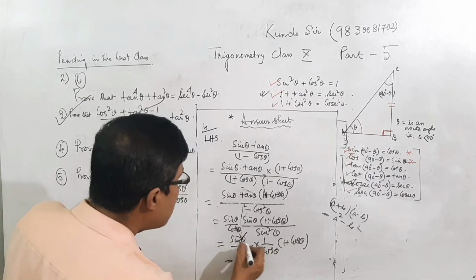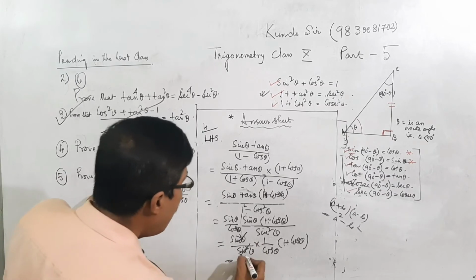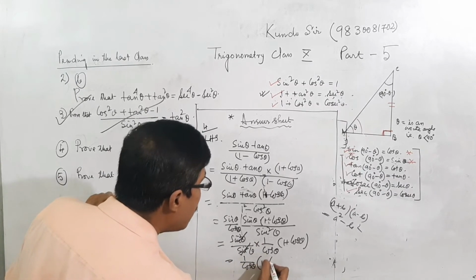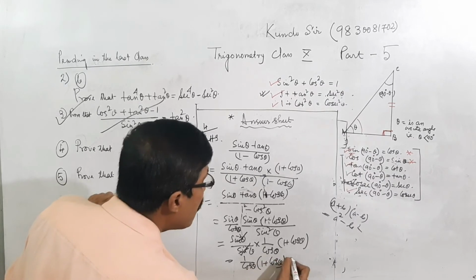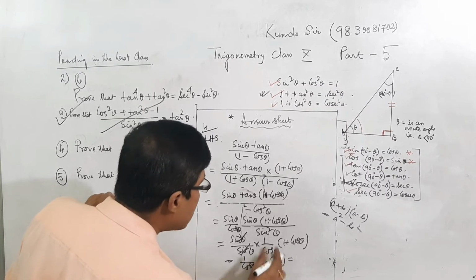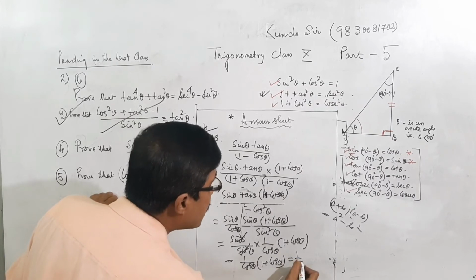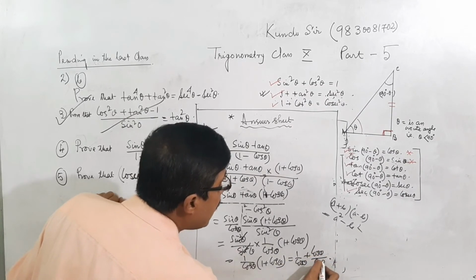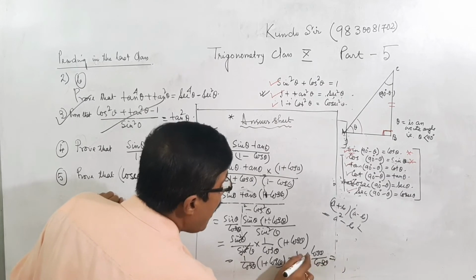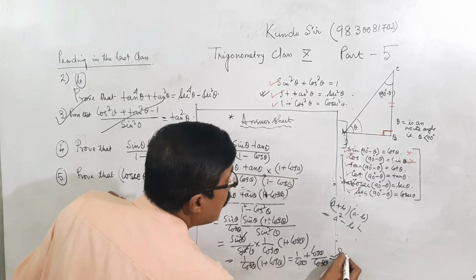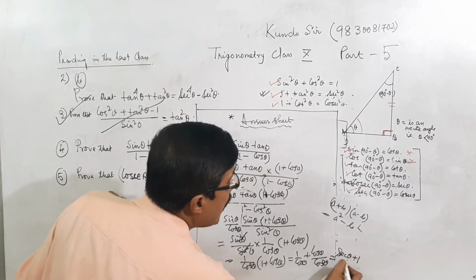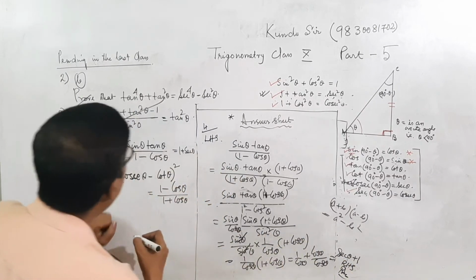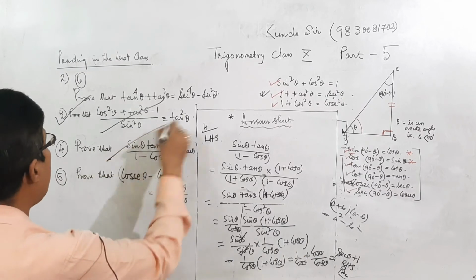If we multiply this term, 1 by cos theta plus cos theta upon cos theta equal to 1 by cos theta plus 1, that is sec theta plus 1. Right hand side proved. So we have solved the problem.